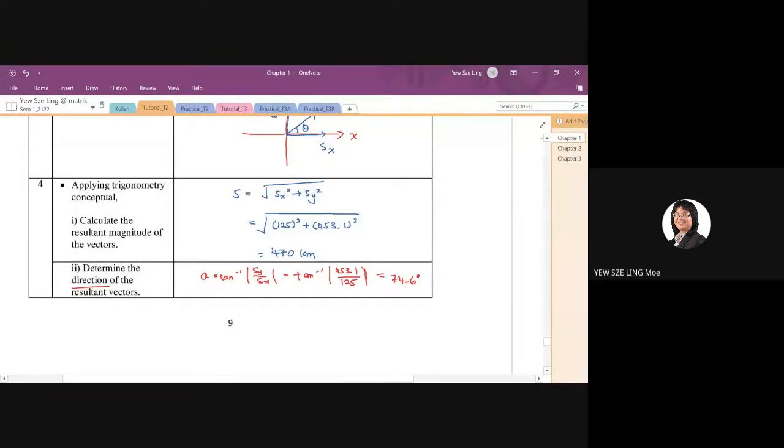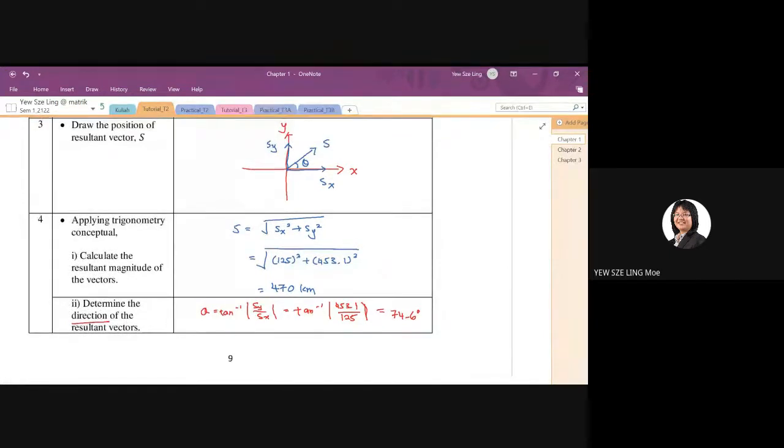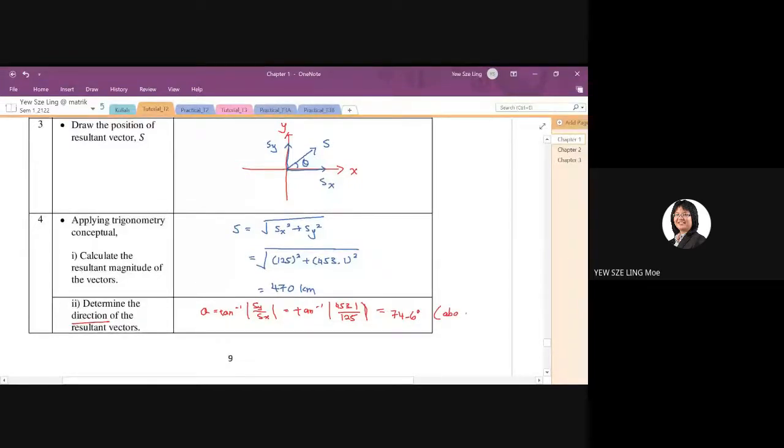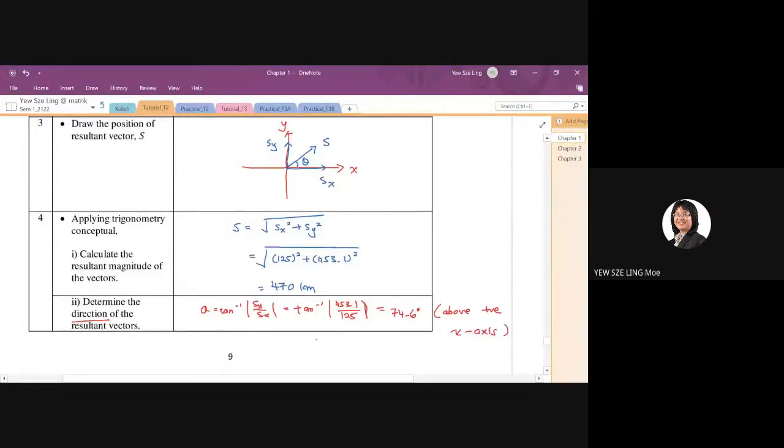So 74.6 degrees in the first quadrant, above the positive x-axis. So that is how you solve the question.